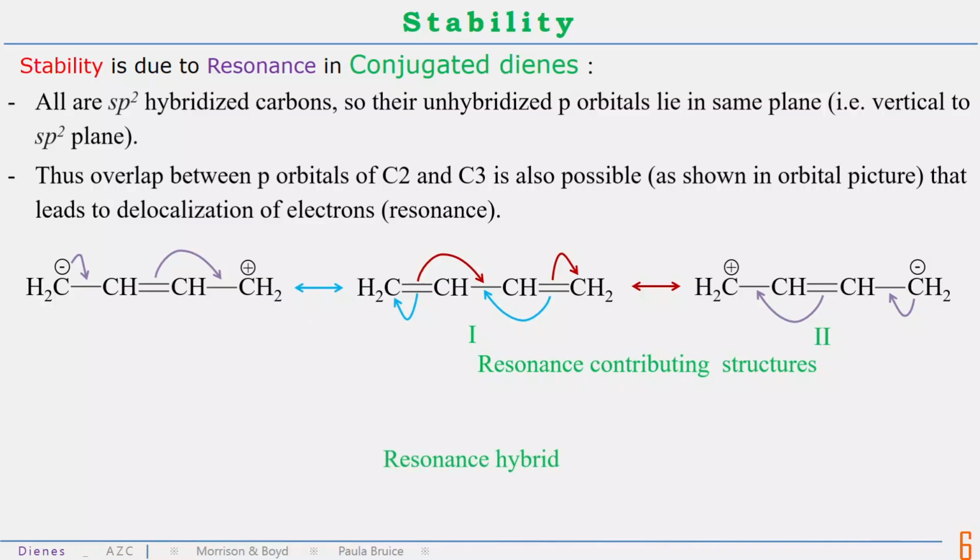Overall structure is represented with a dashed line, where the dashed line shows electron delocalization, and this structure is actually called the resonance hybrid. The resonance hybrid is the single representation of all possible resonance-contributing structures.